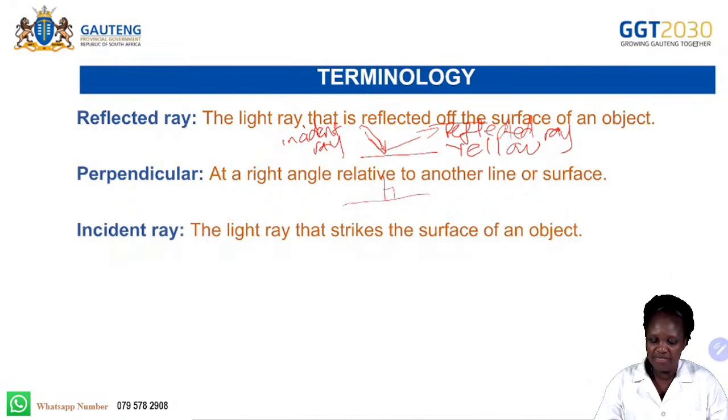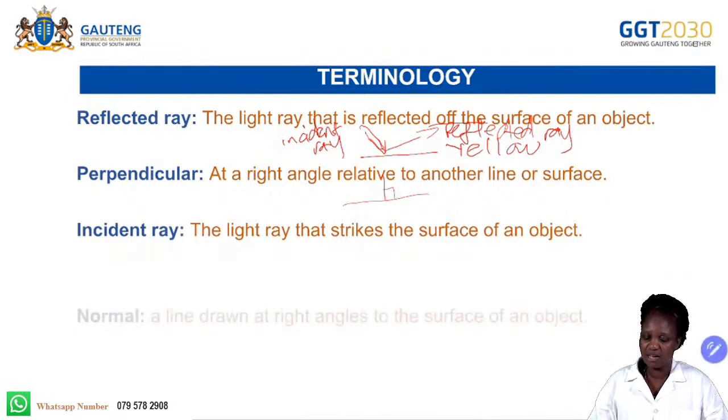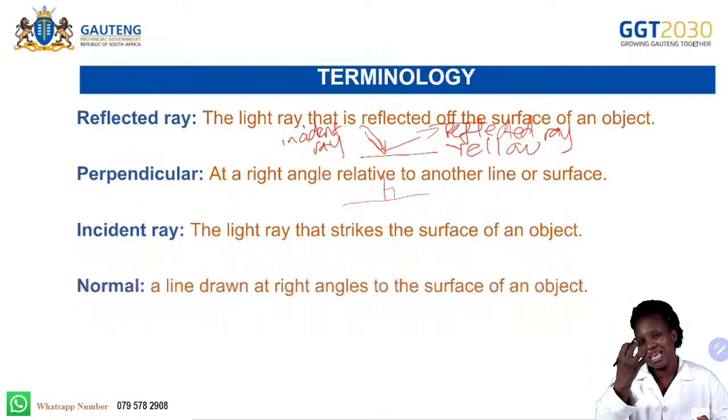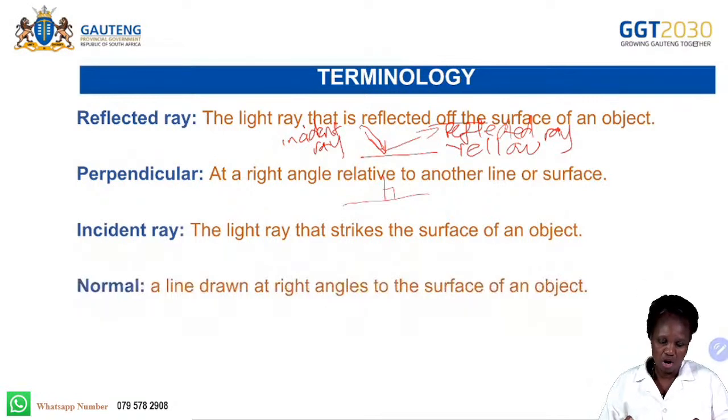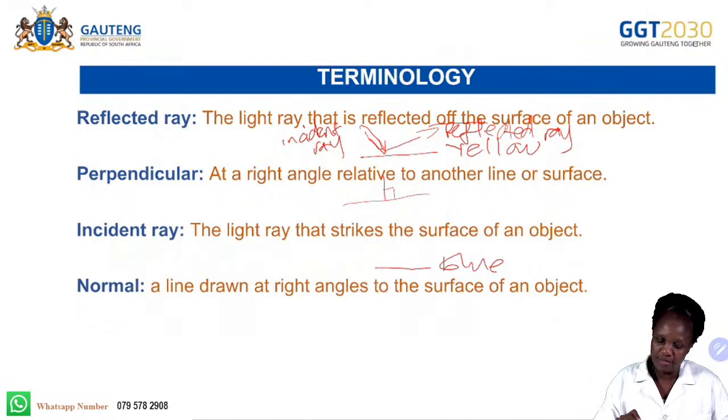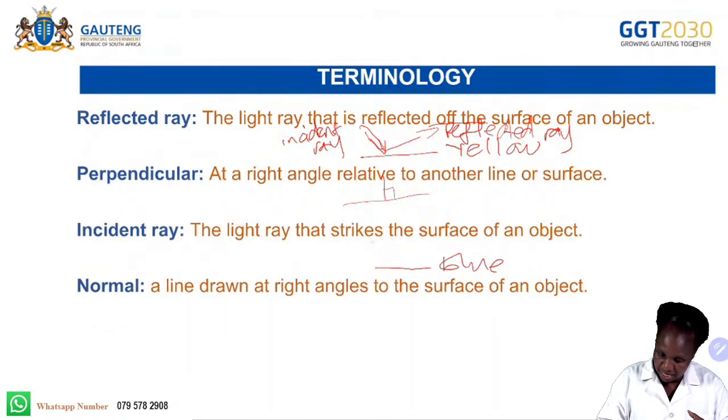Okay. And then incident ray, the light ray that strikes the surface of an object. When we are talking about the incident ray, we are talking about the incoming ray. All right, let's do this. This is our surface. Let's say our surface is blue. Okay. And then the colors of the visible spectrum will come like this.